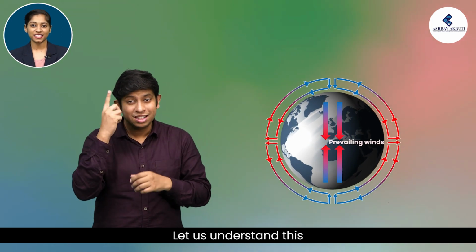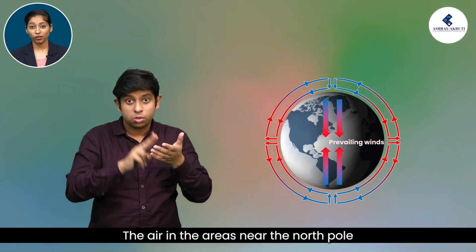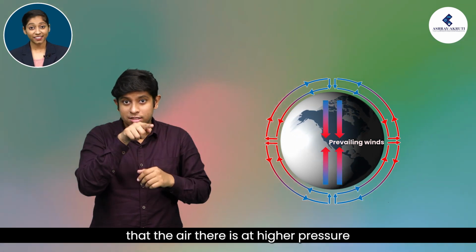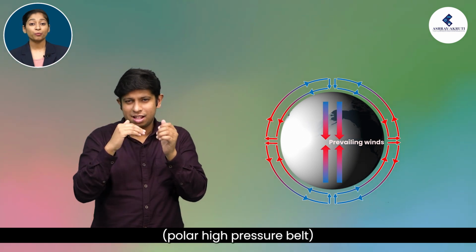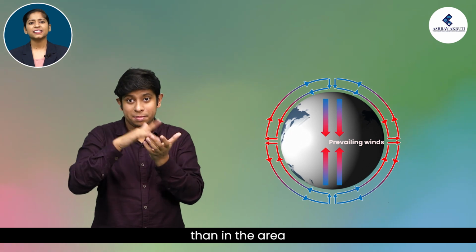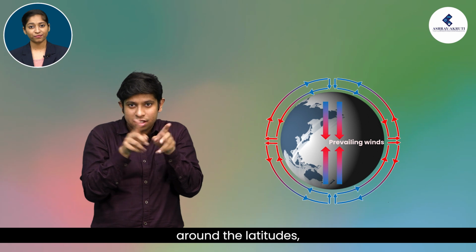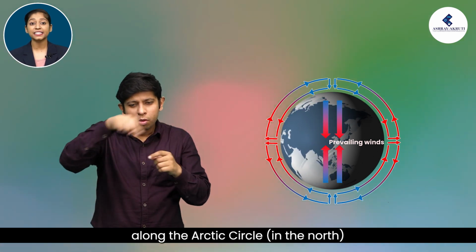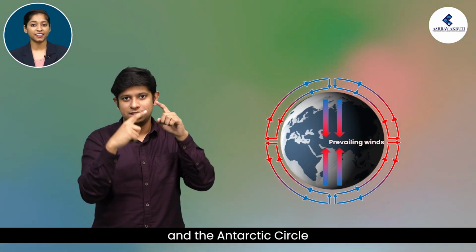Let us understand this. The air in the areas near the North Pole and South Pole is so cold that the air there is at higher pressure, the polar high pressure belt, than in the area around the latitudes along the Arctic Circle in the north and the Antarctic Circle in the south.